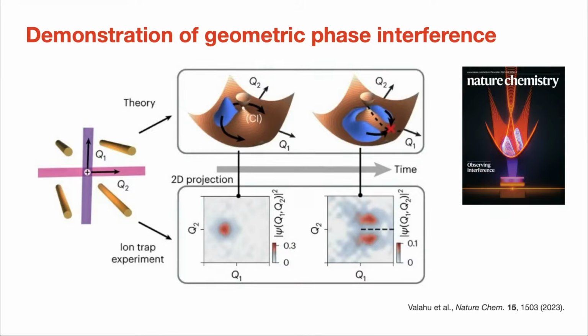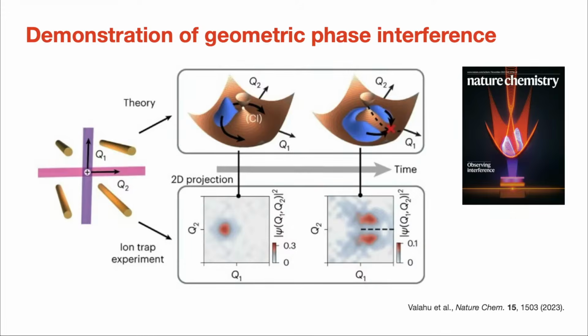So there's a conical intersection here, but my wave packet is on the ground state surface, and it stays entirely on the ground state surface, but it goes around the conical intersection. And it turns out that when you do that, you acquire a Berry phase, or geometric phase, which means that at some point later, where you would think that the wave packet would go around and constructively interfere on the other side, it interferes with itself destructively. So you end up with a node on the other side.